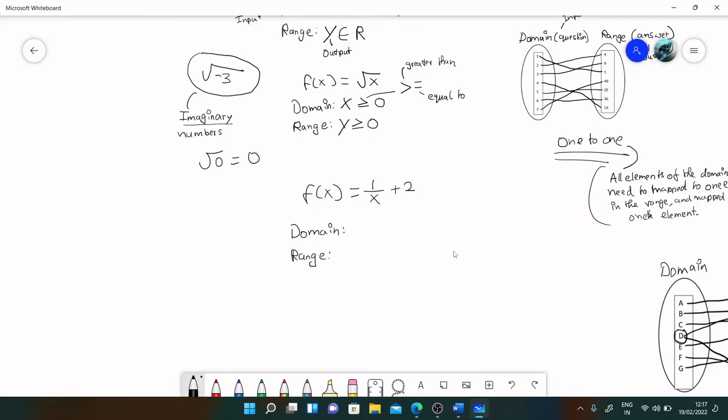What do you think will be the domain? How about you try doing 1 by 0, 5 by 0, 3 by 0. Put these values in a calculator. All these values are going to give you one answer. Undefined.